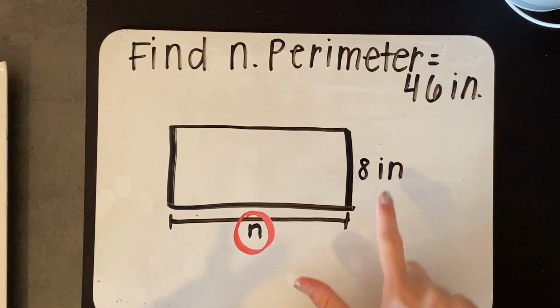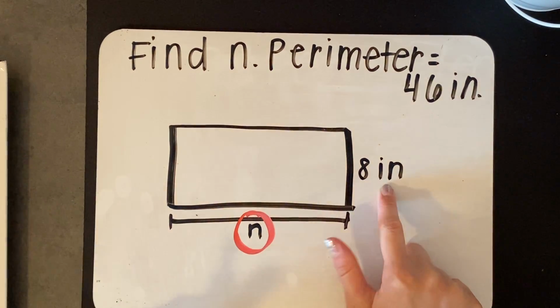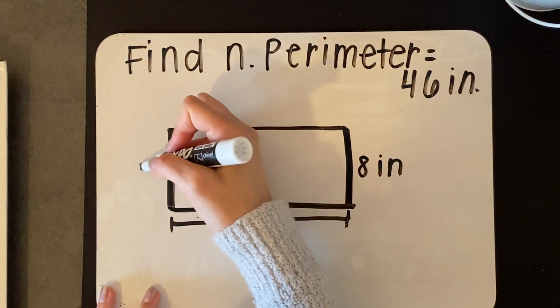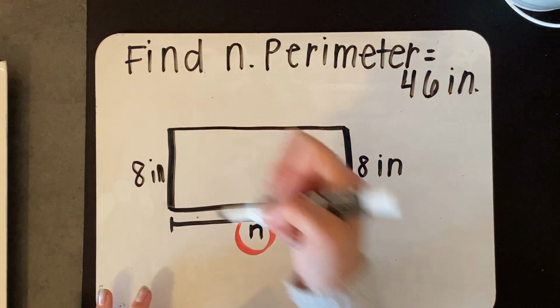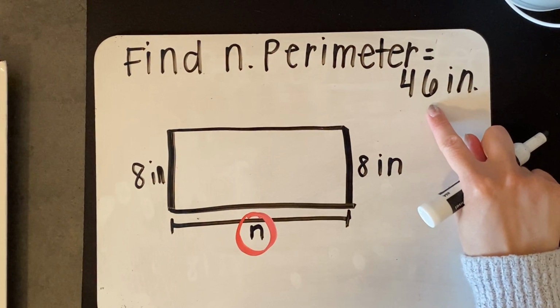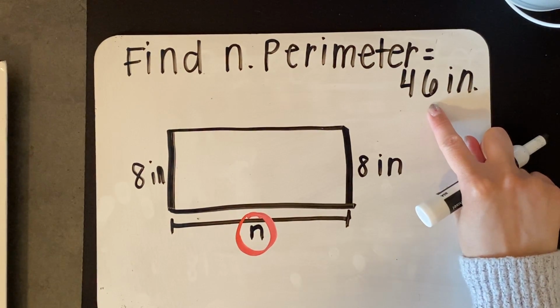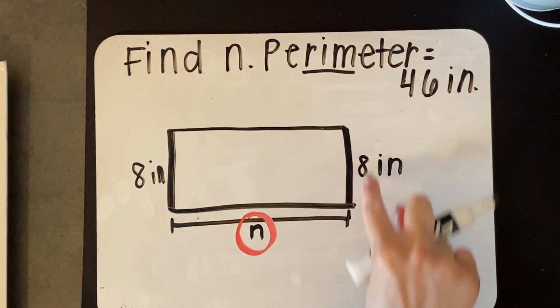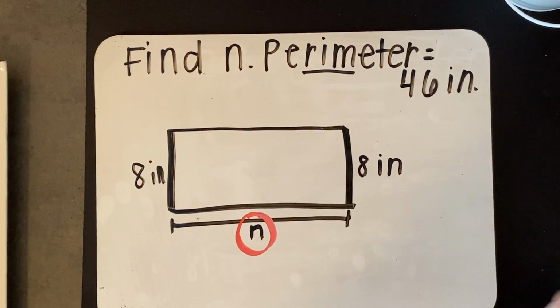So think, if we know this side on the right is 8 inches, the opposite side across also is 8 inches, so that will help us out. And then they gave us the information that the perimeter is 46 inches. I know perimeter is the distance around the shape, so I need to find what these lengths are.